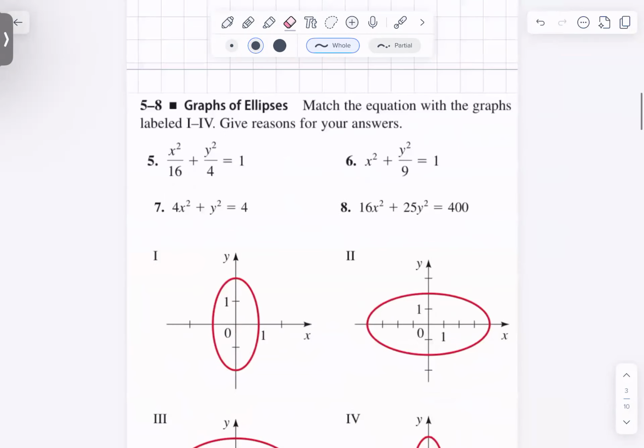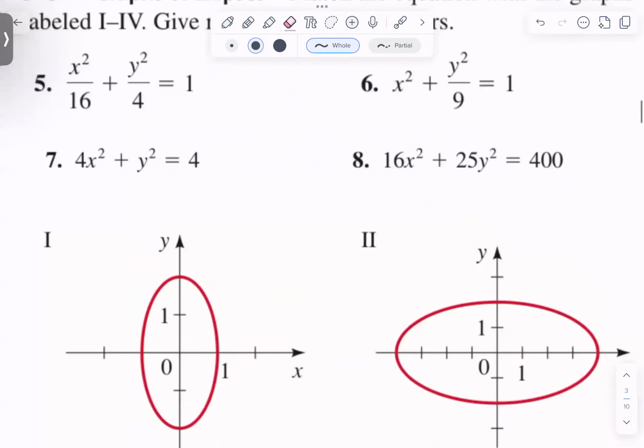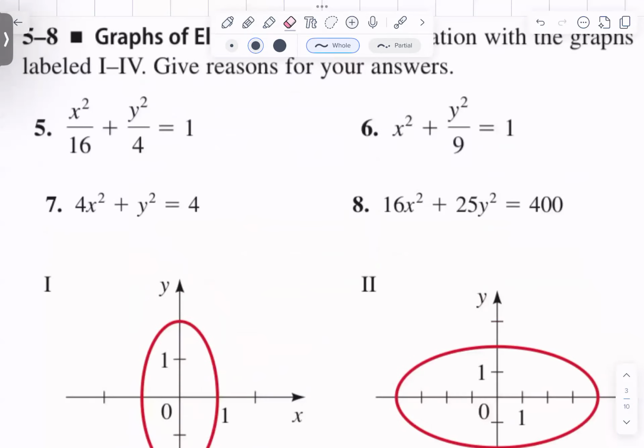Let's first match this up. So the first thing you do when we're matching, you notice that everything here for number 5 equals 1. So that's the first thing you check. It has to equal 1. If it doesn't, you have to divide it by that number.